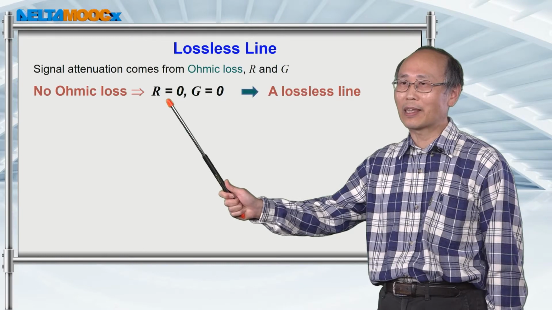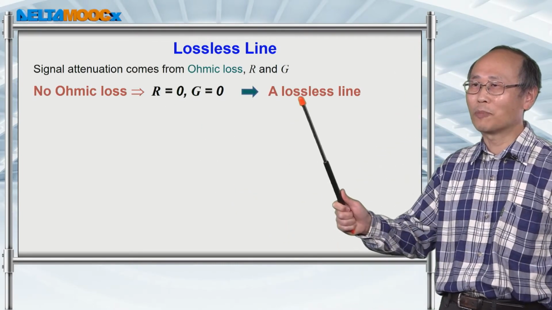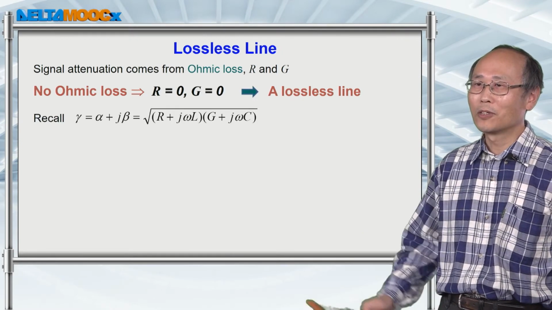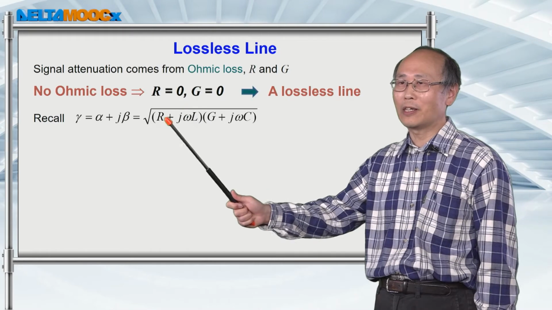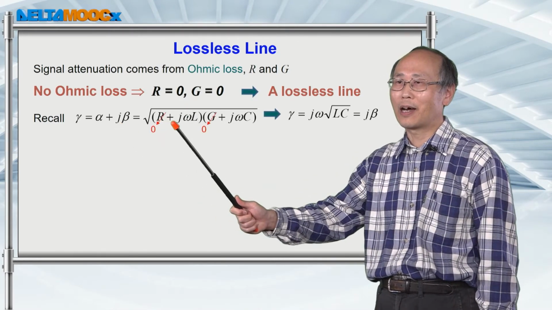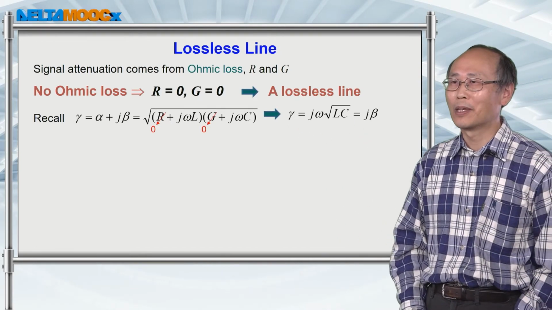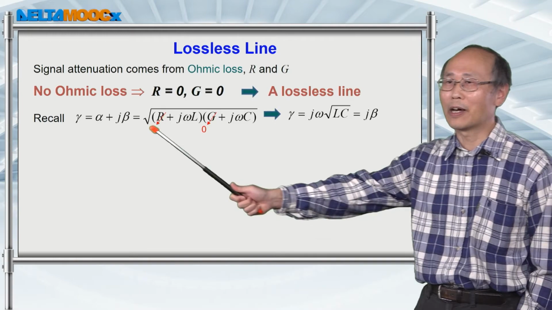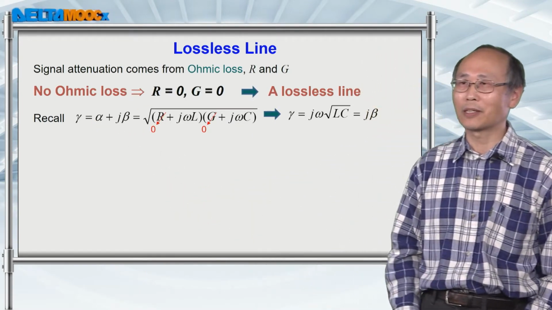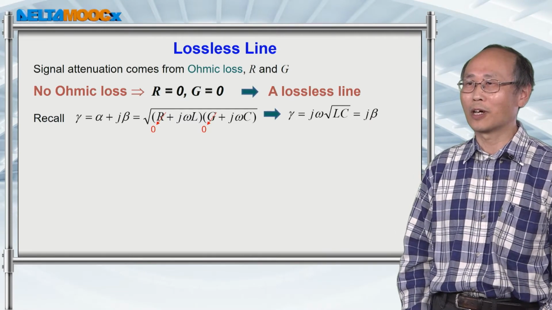So if we set R and G equal to 0, then this transmission line will be a lossless transmission line. So let's put R and G equal to 0 into this gamma expression. Then you end up having a gamma that is pure imaginary. So this means that the attenuation constant alpha is equal to 0. So this means that indeed this transmission line is a lossless transmission line.